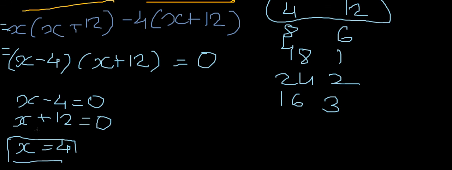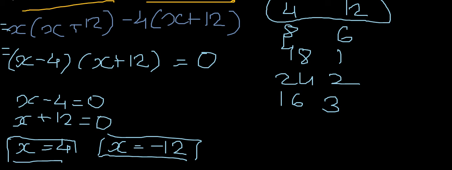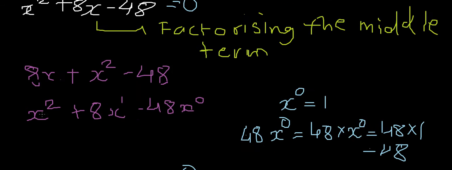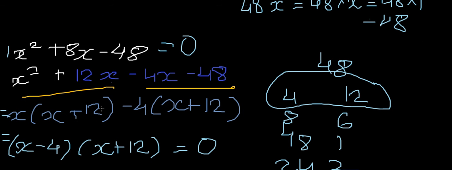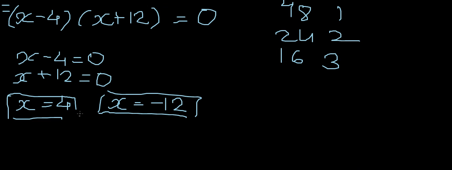And similarly, if x plus 12 equals 0, then x will be equal to minus 12. So hey, we have got two values, and if you substitute these values in this equation, you can pause and check, I'm sure that you will get the answer as 0. So we have got the roots of this equation, which are 4 and minus 12.